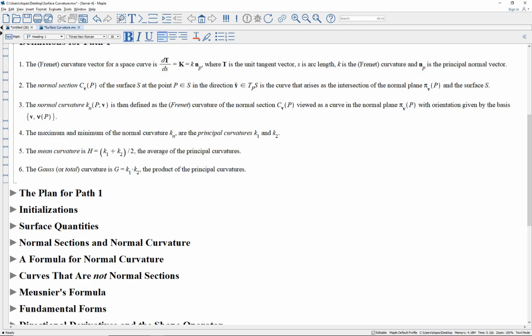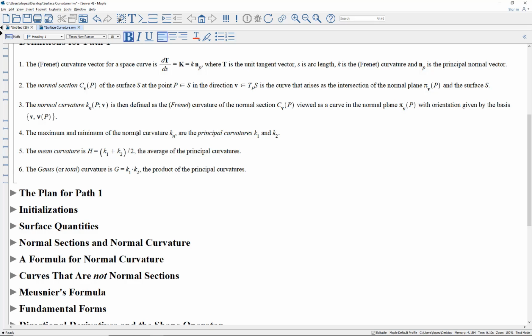You cut the surface with that cutting plane. The cut in the surface, the curve in the surface, is one of these normal sections. So it's a special curve lying in the surface. The curvature of that curve, and it's a Frenet curvature, you treat it as a curve in space. That's called the normal curvature, and the symbol here will be K sub n.